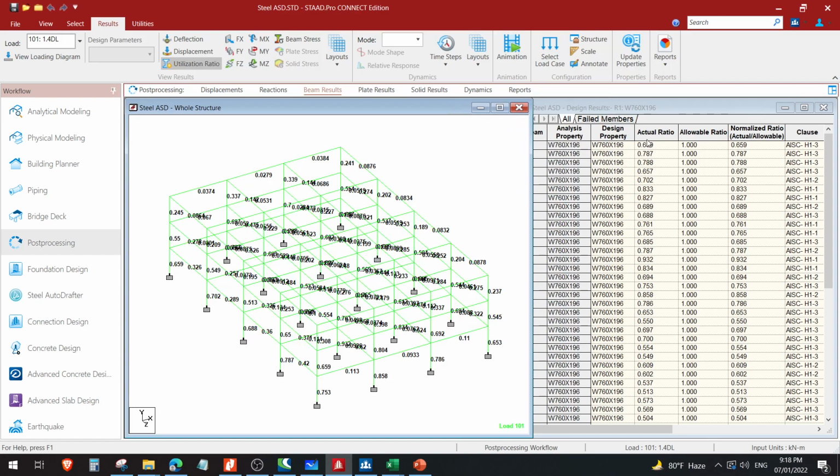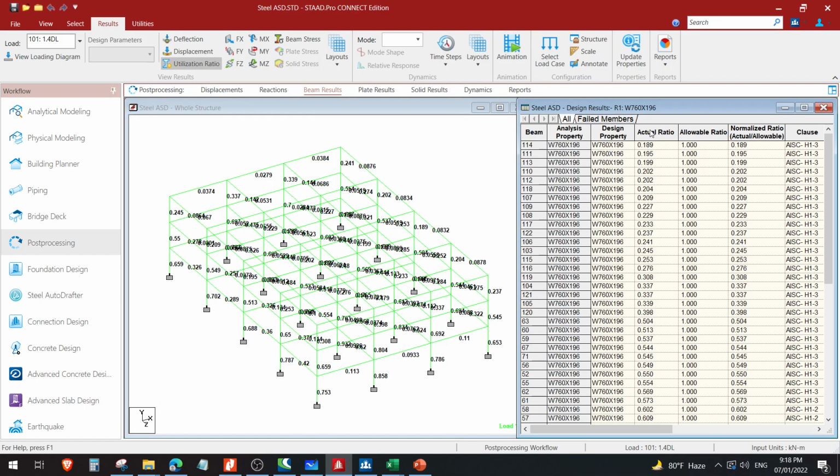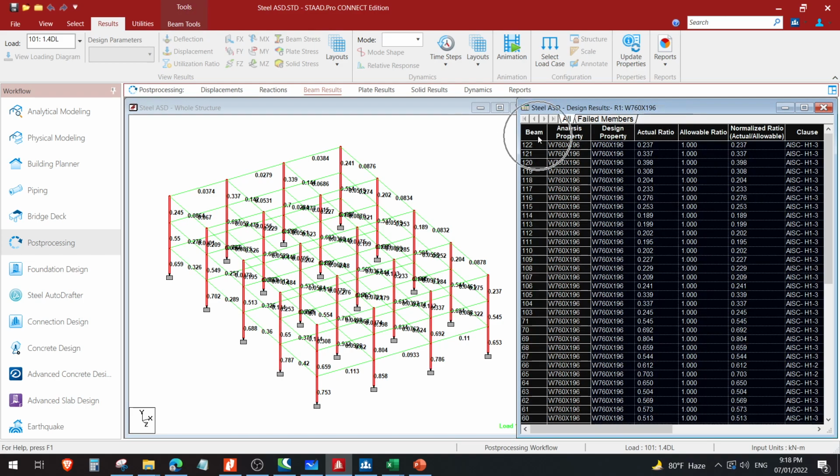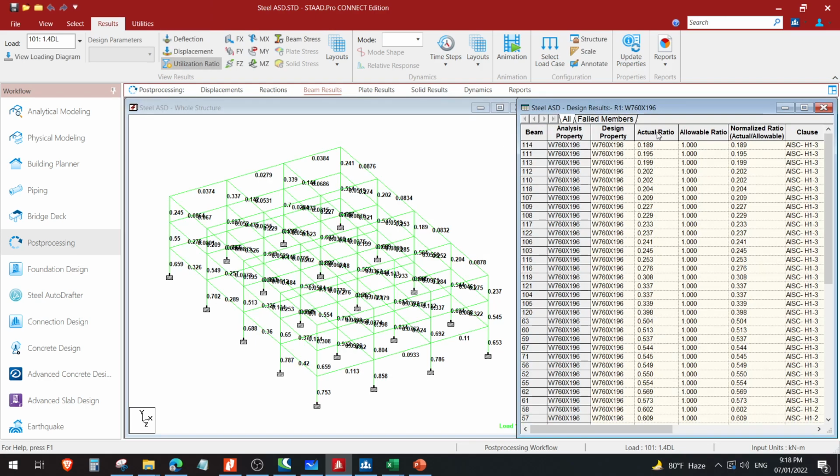Okay, tayo dito. So 0.932. And if I click this, so by the way, naka-filter lahat ng column. So among the columns, so siya ulit, no? Siya ulit yung malaking demand capacity ratio.